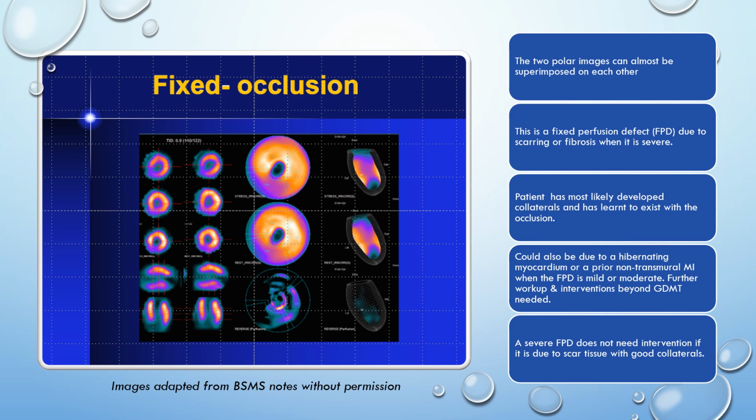However, when there is a mild or moderate fixed perfusion defect, it could be due to a hibernating myocardium or a prior non-transmural myocardial infarction. And in this case, the patient needs to be worked up because the patient may need intervention beyond goal-directed medical therapy to make sure that this is reversed.